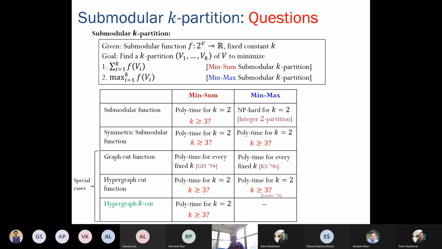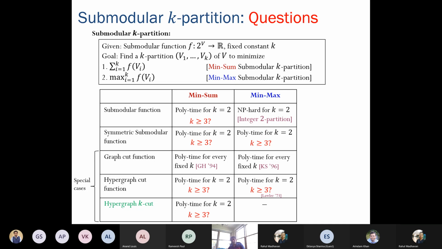Right, so this is how I started looking into these problems. Questions on these? So one question, monotone submodular functions, are they studied in this context, or is anything better known for those classes? So yeah, we don't know polytime solvability for monotone functions either. So that's the status even for monotone.